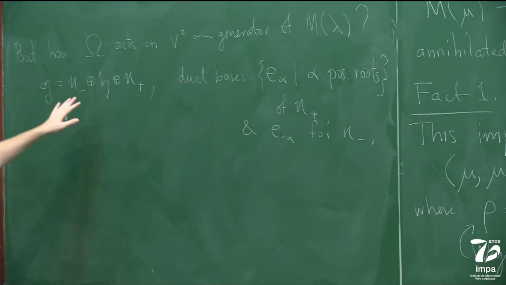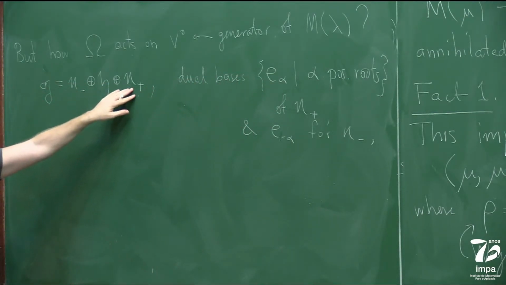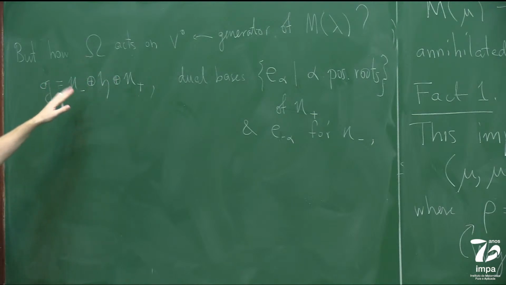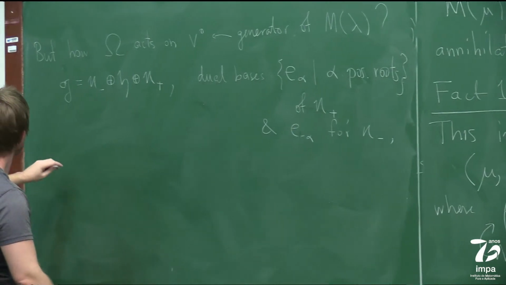So we can take a basis of h, take a basis of root vectors of n plus, and then the corresponding dual vectors of the root vectors of n minus.